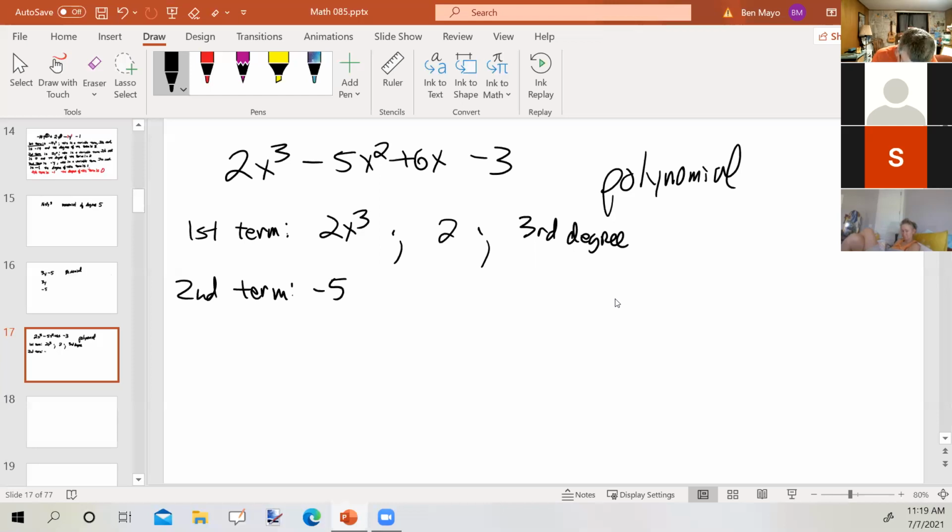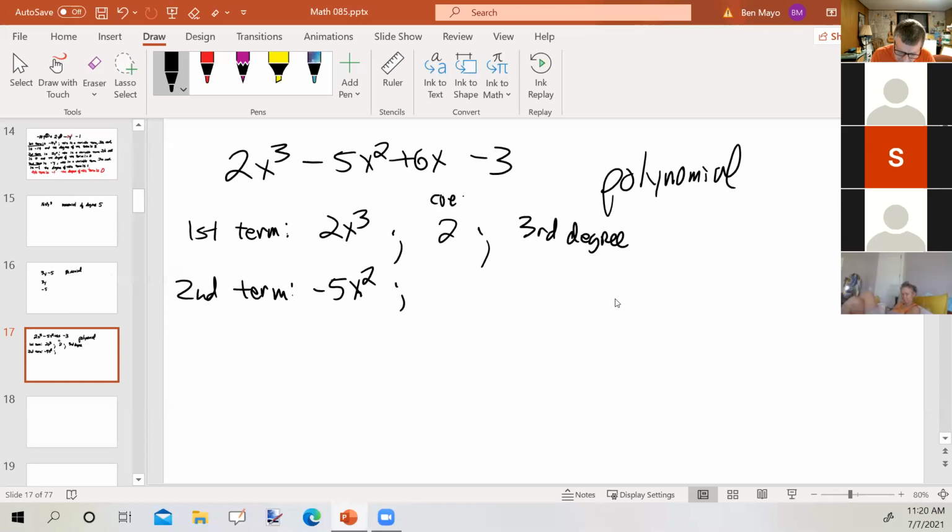-5x squared. There you go, -5x squared. Excellent. Because remember, you got to think in terms of addition. So if it's a minus sign in front, that gets sucked into the term and makes it a negative. So what's the coefficient? -5. -5. Okay, what's the degree of the term? 2.